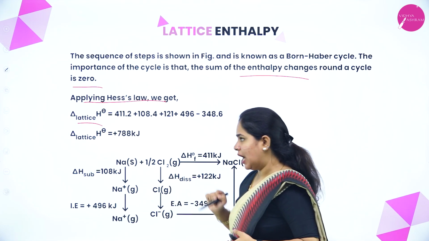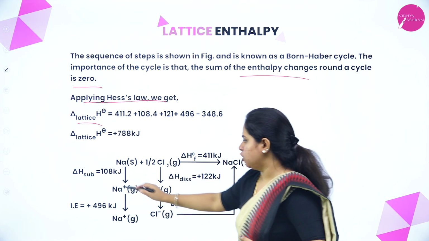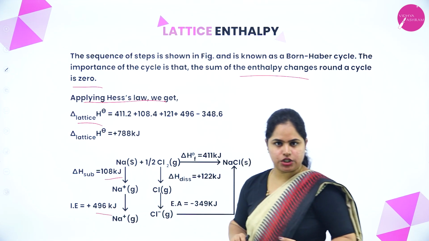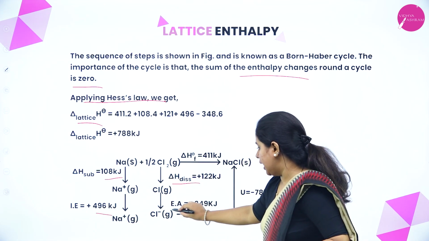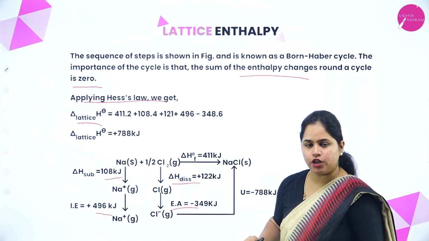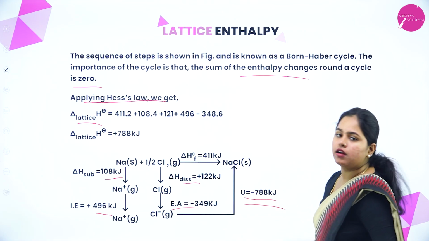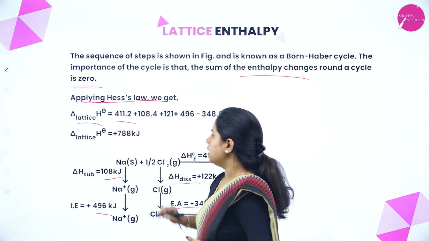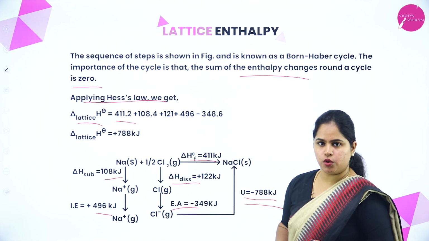So as you can see here, the lattice enthalpy will be equal to the enthalpy of sublimation, and then ionization enthalpy, and then enthalpy of dissociation, and electron gain enthalpy or electron affinity also you can call. If you take the sum of all this, you will get the value of lattice enthalpy. As you can see here, 411.2 is the enthalpy of formation of sodium chloride.